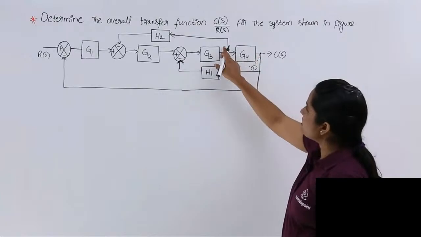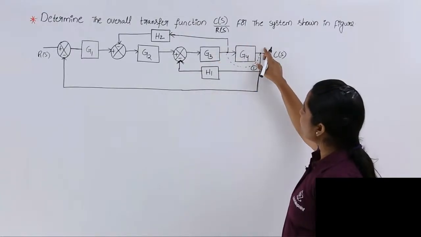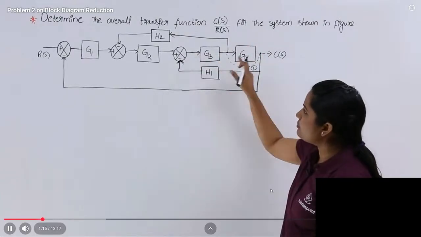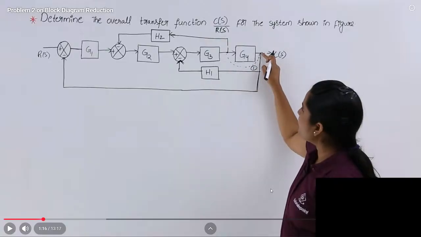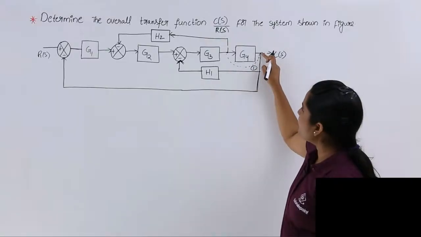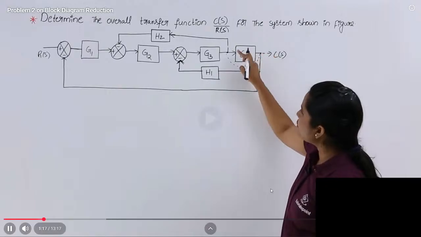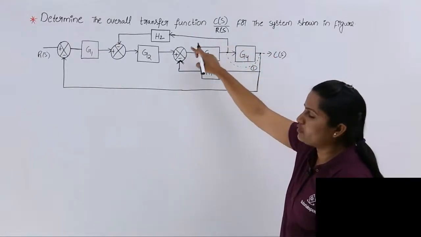For example, you can move this point to here to release these blocks, or you can move this point to here to reduce this feedback loop.